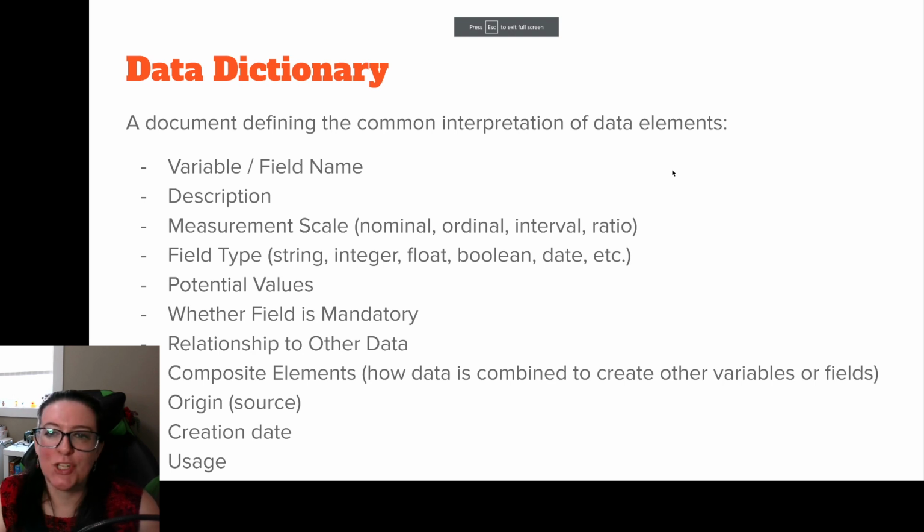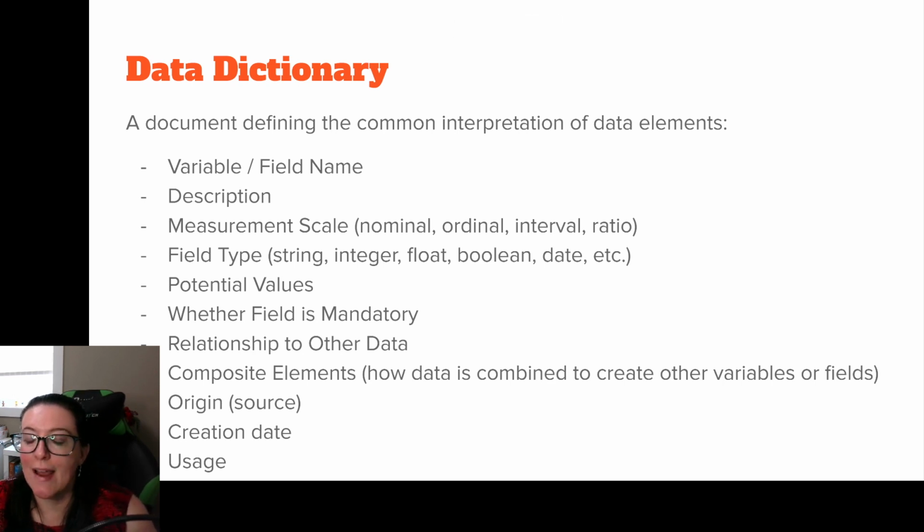So a data dictionary is a document that defines the common interpretation of your data elements. So you might have a variable or a field name. So if we did a survey, for example, each survey question, we would have in our table, this is question 1, question 2, question 3, but we'd also want to just give it a generic name that helps us remember what question 2 was or what question 4 was.